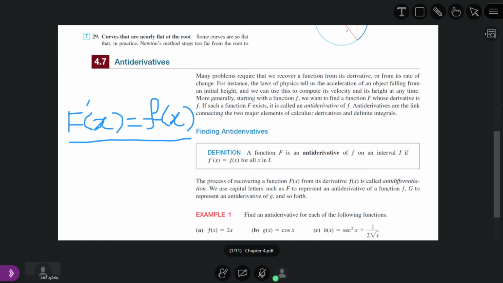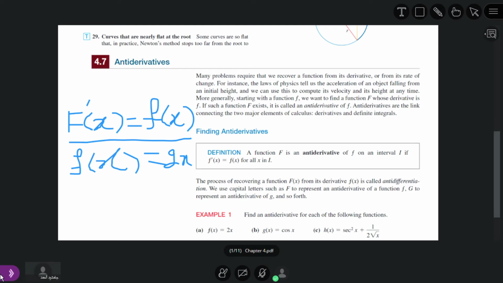So here, if small f of x is equal to 2x, now what is capital F of x? What is the antiderivative of 2x?